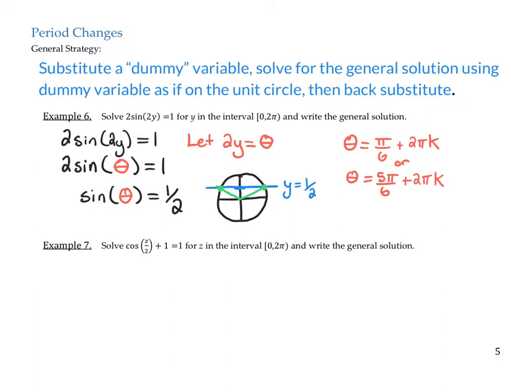But I'm not done because I wasn't actually supposed to solve for theta, I was supposed to solve for y. So now here comes my back substitute step. So for my back substitute step, instead of theta, I'm going to write 2y. In fact, I'm just going to cross the theta out.